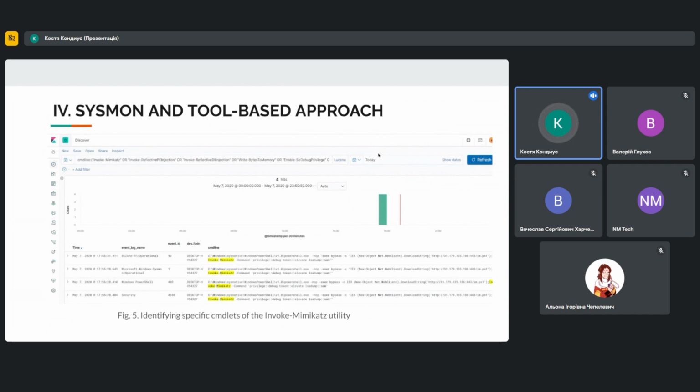A hypothesis that Invoke-Mimikatz could be used in our infrastructure to dump user credentials was confirmed during the investigation. The tool-based approach is quite reliable. To bypass such detection, an attacker would need to customize their favorite tools or abandon their use altogether.